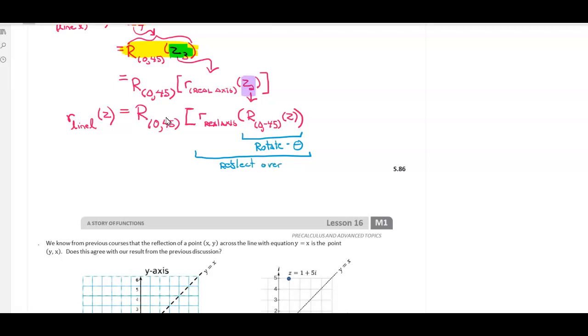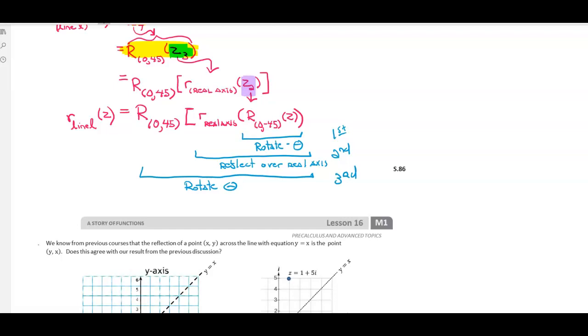Reflect over real axis. So this was first, second, and now the last thing you do is rotate positive 45 degrees. See, it's those three steps.